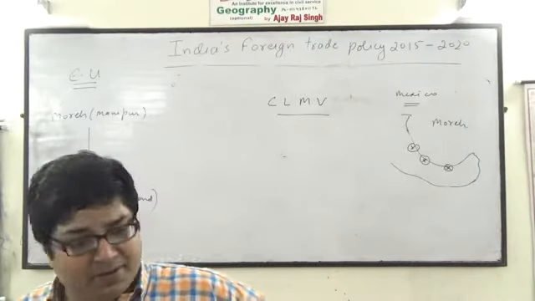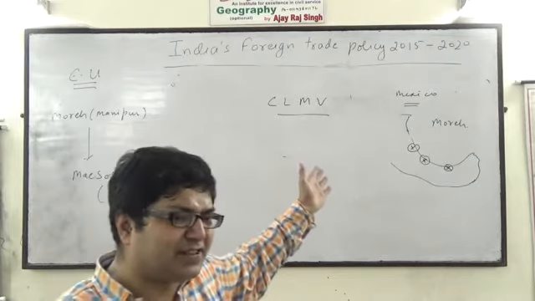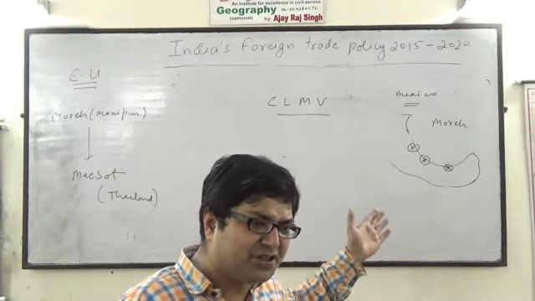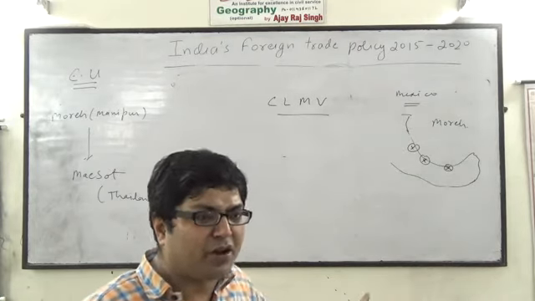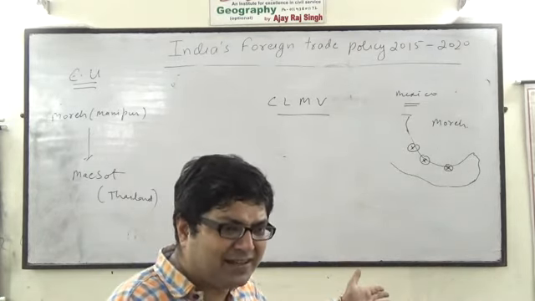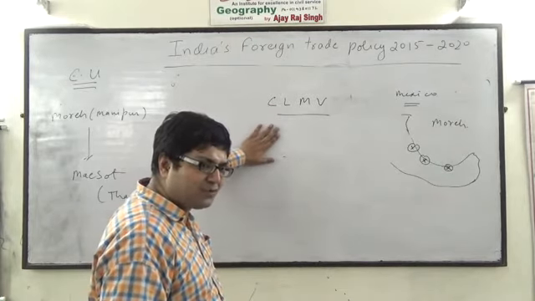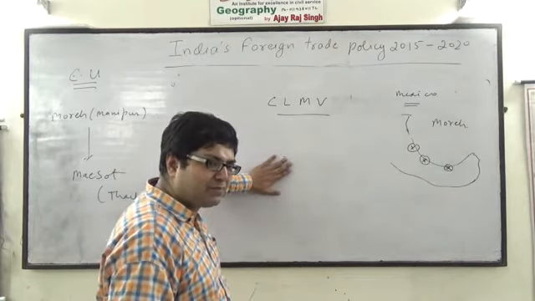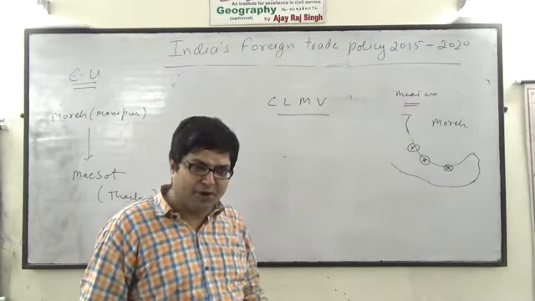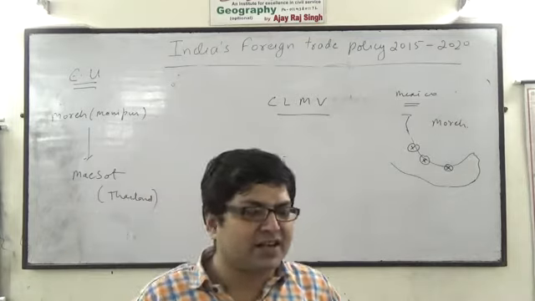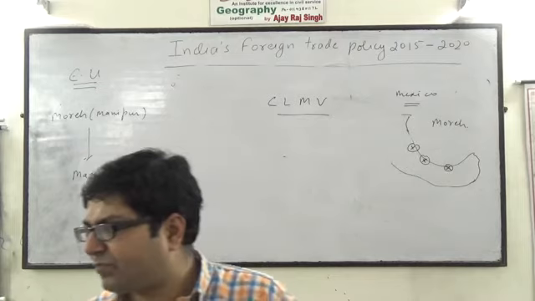Out of $125 billion, the major chunk is shared by these countries. Top is China, 66 billion, then Hong Kong, 20 billion, then South Korea, 16.6 billion, then Japan, 16.3 billion. These are the major trading countries with India.